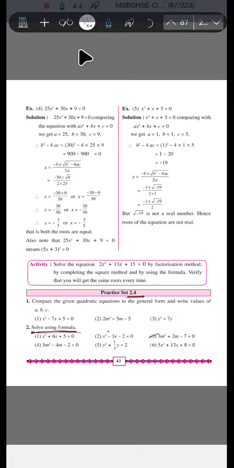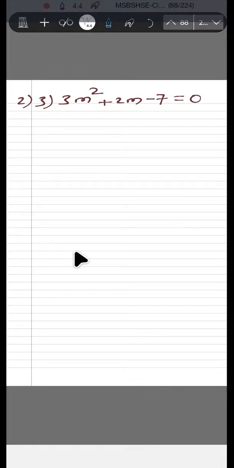Okay, here I will insert a new page for that. What does the question say here? The question says 3m square plus 2m minus 7 is equal to 0.